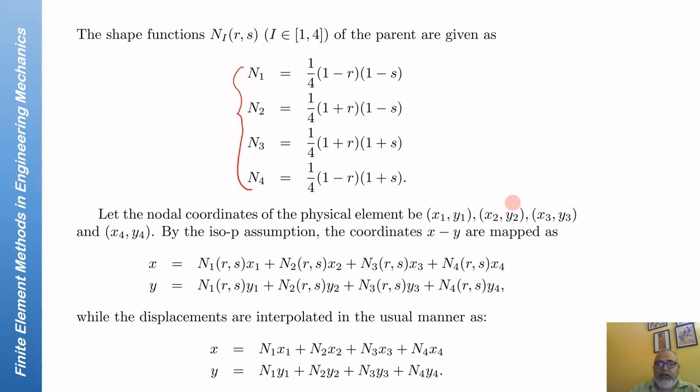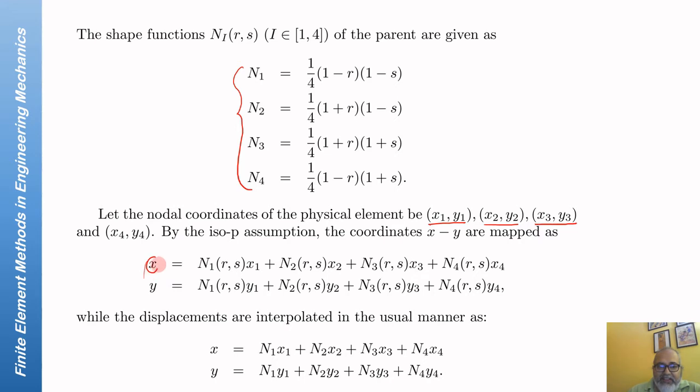Now let the coordinates of the physical element be known. They would be x1, y1, x2, y2, x3, y3, and x4, y4. So by the isoparametric assumption, we use the same shape functions to interpolate the positions as well.